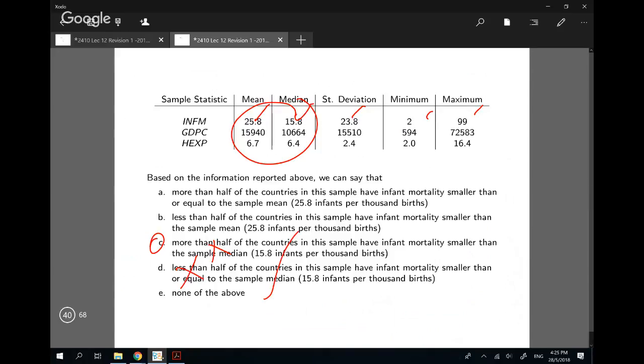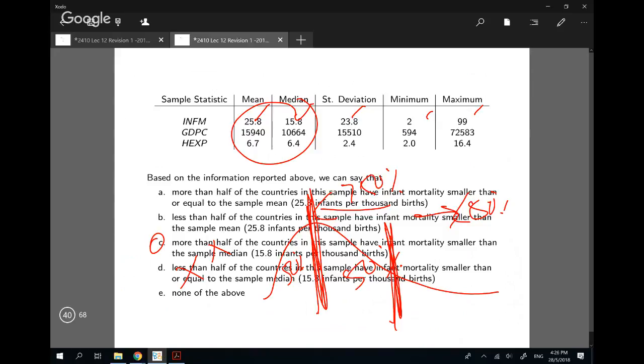So the mean is somewhere here, and the median is here. From the median, we know this is 50% and this is 50%. Since this is the mean, less than the mean is more than 50%, and more than the mean is less than 50%. So the answer is A.